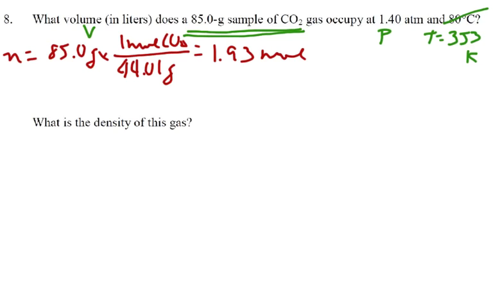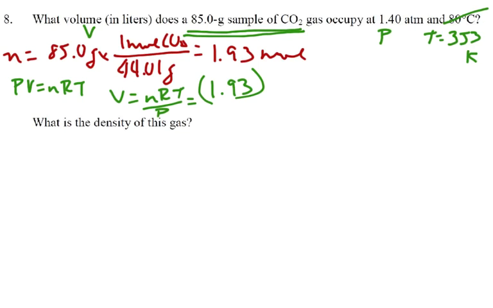moles. So we are looking for the volume. So PV equals nRT. So we want volume, so volume is nRT over P. And again, because I'm tight on room, I'm going to just use the numbers. 1.93 moles.